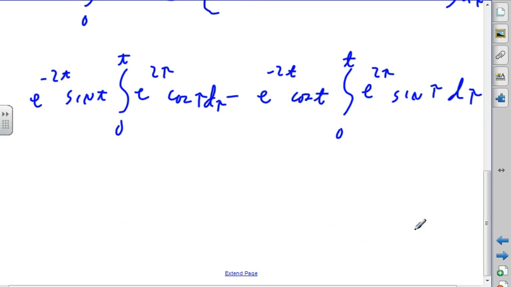Those are right out of the back of my book: number 49 and number 50. So this guy's number 49 and this guy's number 50.